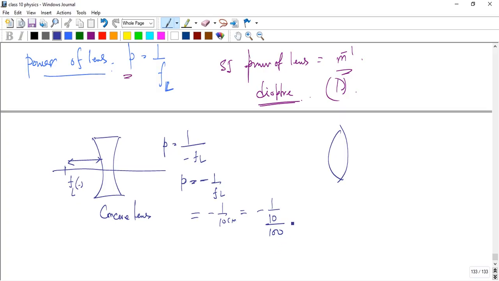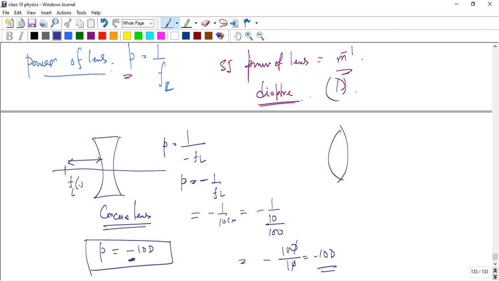Converted into meter, that means 100 by 10, so that is minus 10 D, 10 diopter. If it is a concave lens, the lens power is always minus 10 D in that case. So lens power is minus in case of a concave lens.